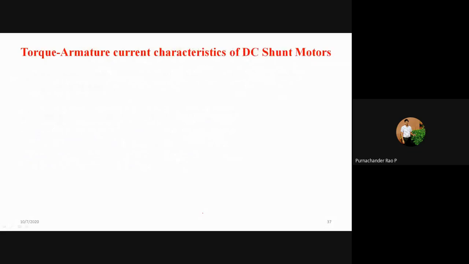So for the torque and armature current characteristics, I need to draw torque versus armature current. Here I will take armature current on the x-axis and the torque on the y-axis.